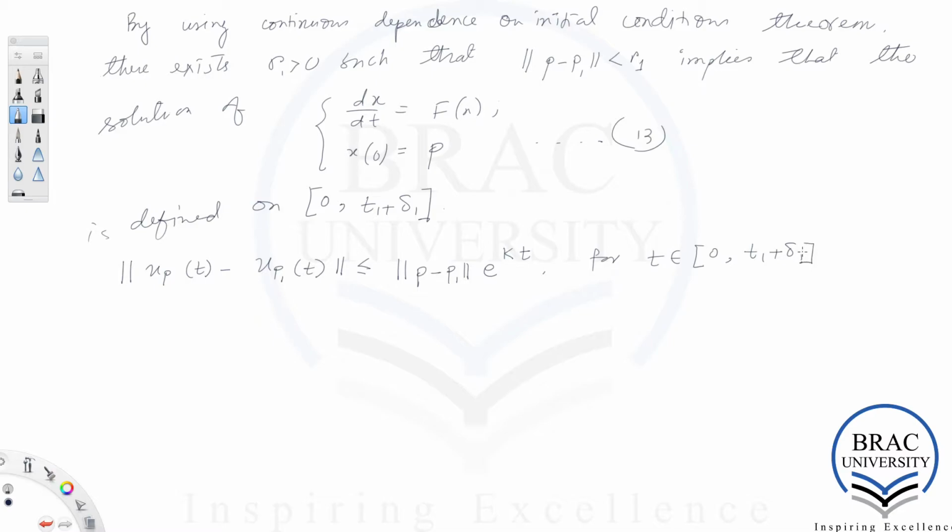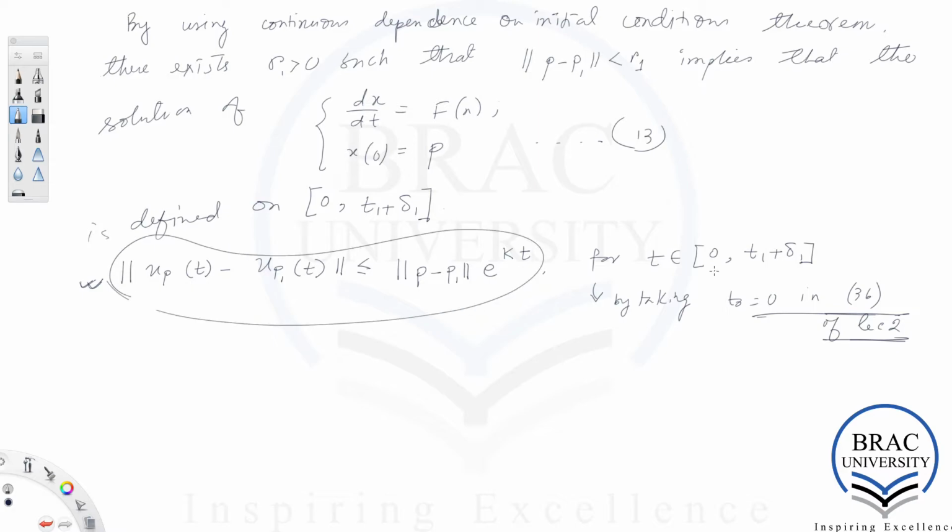Okay, so you can easily see how we can arrive here using equation 36 of lecture 2 by taking t0 equal to 0. Take the lecture note there, have a look at equation number 36 and substitute t0 to be 0 and you will get it.